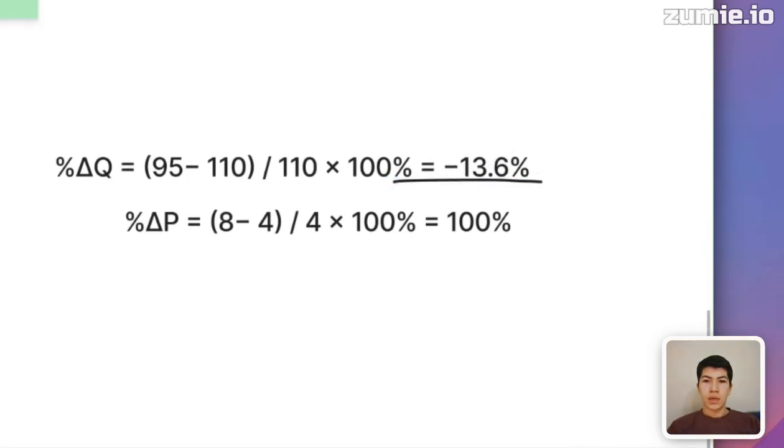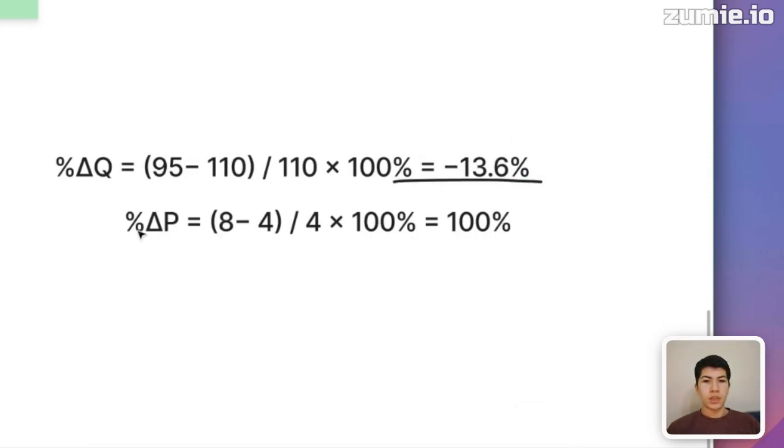So this means that 13.6% of people that were used to buying coffee, that means 13.6% of people that were buying coffee before, when the price was $4, changed their mind and stopped buying.